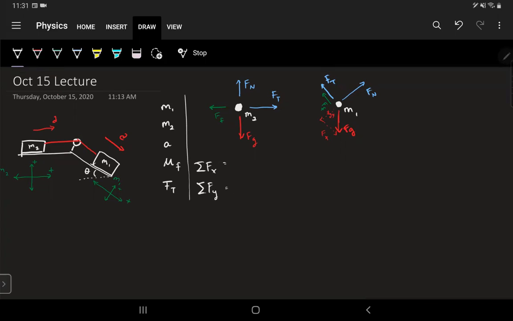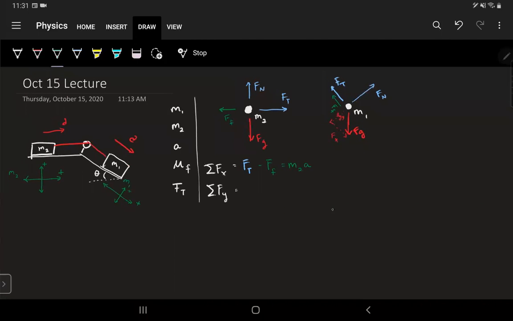Here, the sum of the forces is extremely simple. We said right is positive, so we have Ft minus Ff equals M2a. Why is it equal to M2a and not 0? Because in the x direction, it's moving side to side, it's moving to the right.